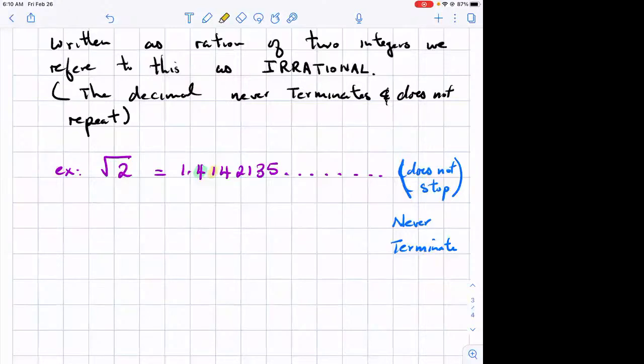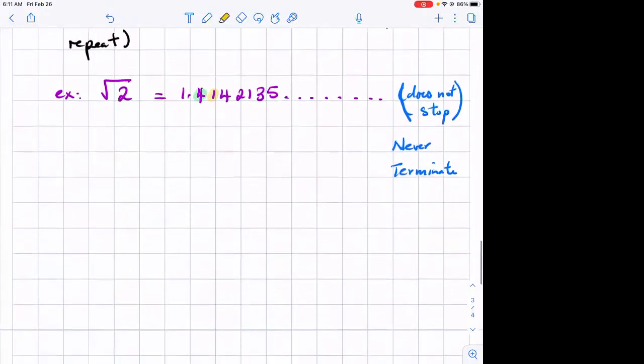There is no digit that is the same consecutively. You will never find a 1 and a 1, or a 3 and a 3, or a 2 and a 2 together. And that's what we say, that the digits do not repeat. Maybe we can say the digits do not repeat consecutively, because 1/3, which is 0.333, has repetition.